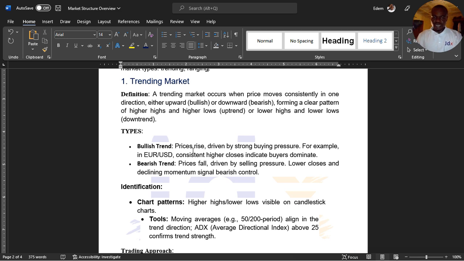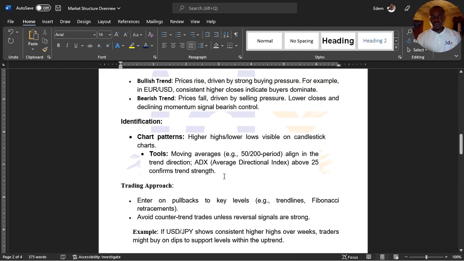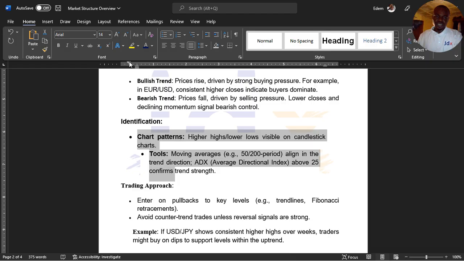In the case of the bearish trend, price falls, driven by selling pressure, with lower closes and declining momentum signaling bearish control. These are terminologies I want to believe you're not used to. So how do we identify these trend patterns? How do we know which pattern is at play?